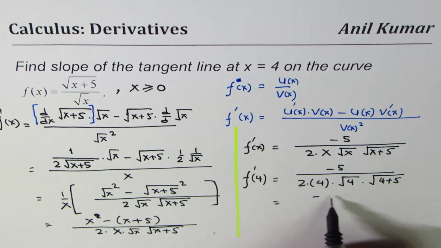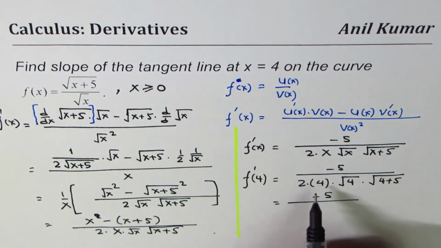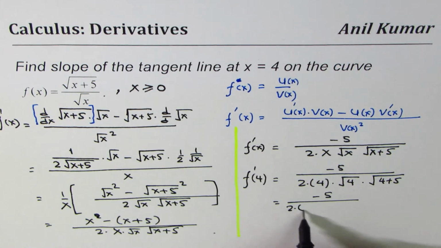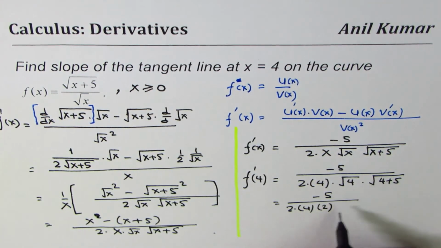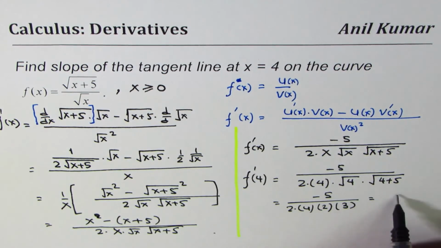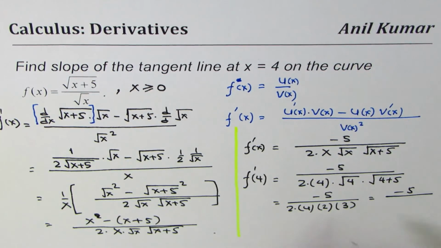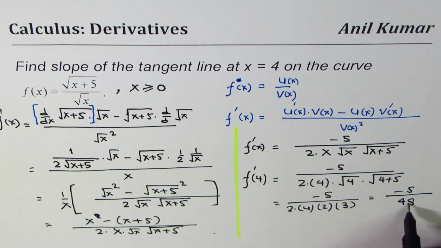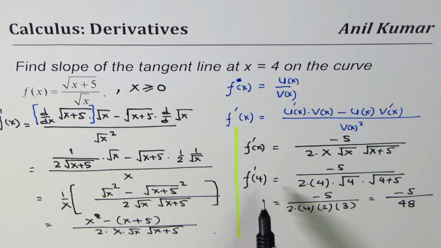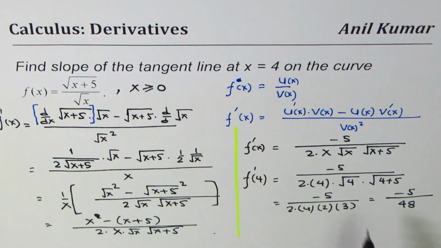Square root of 4 is 2, so 2 times 4 is 8, 8 times 2 is 16, times 3 is 48. So the slope of the tangent line at x equals 4 is minus 5 over 48.